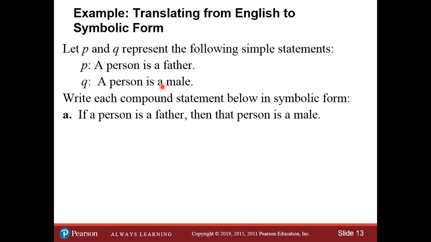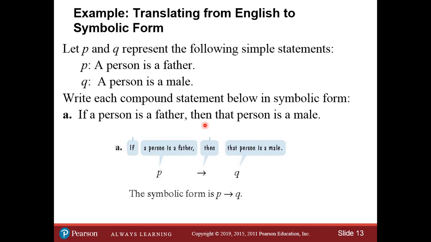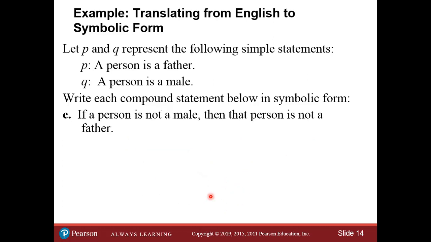So that's going to be P. So P implies what? Q. So the if part is the antecedent. The then part is the consequent. Okay, so here's P. So if P, then Q. And so we say P implies Q.